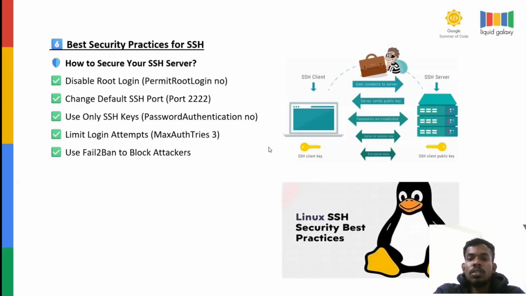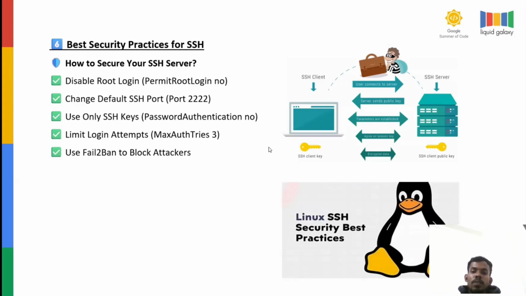The next one is to change the default SSH port to make it less obvious for attackers scanning for open SSH ports. It is also recommended to use only key authentication instead of password authentication, which is more vulnerable to brute force attacks. To further enhance security, we can limit login attempts. To do it, we set MaxAuthTries to 3 so we can reduce the chances of guessing the correct credentials.